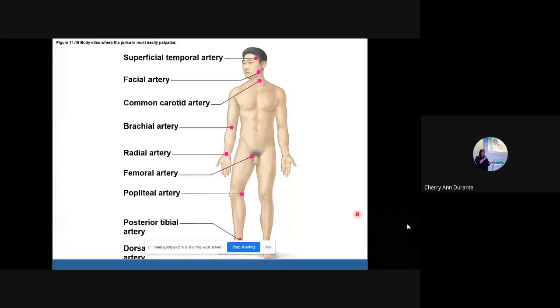Posterior tibialis. Can you feel it? Yeah, I felt it. And lastly, on top of your foot, dorsalis pedis.